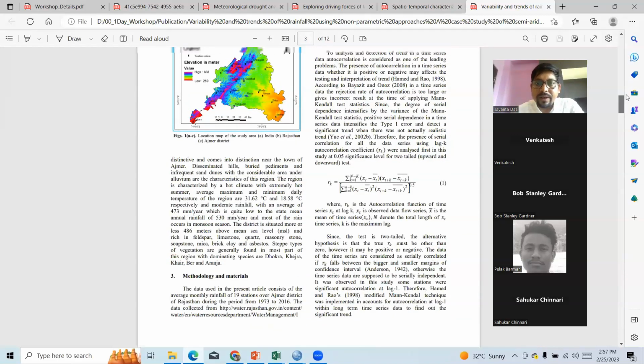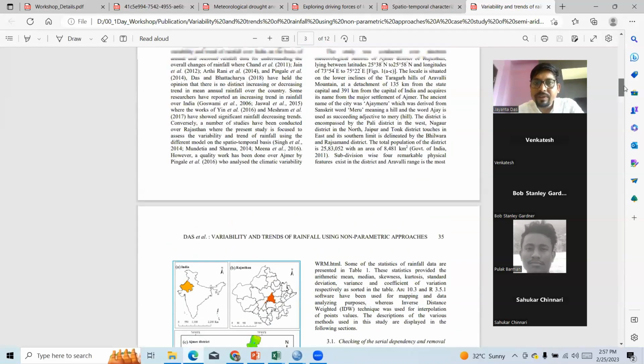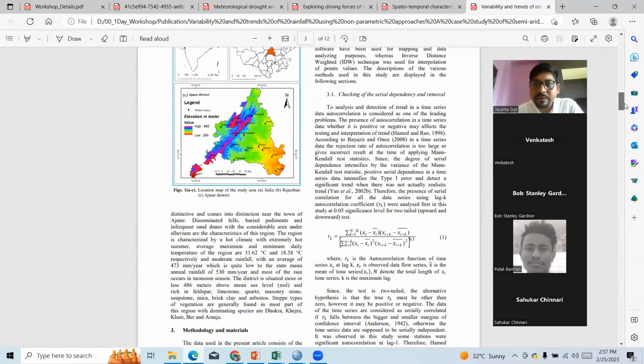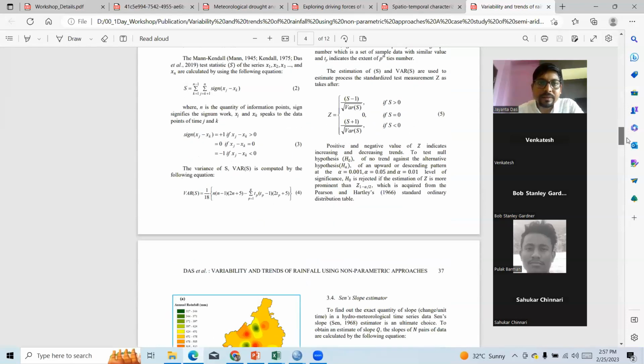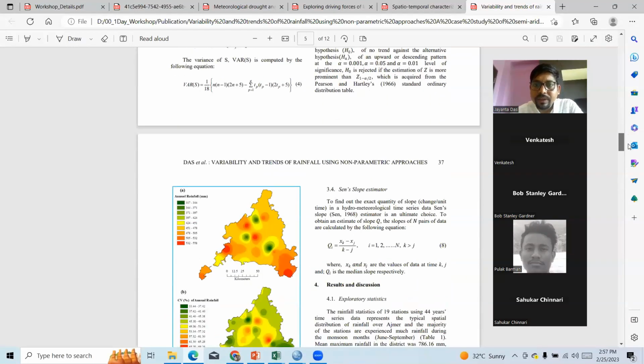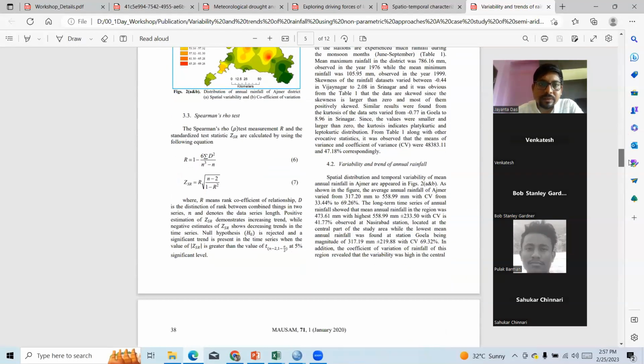Here you can find the methodology. For calculating serial dependency, I think we used the Spearman Rho test here. If you use this technique, you can refer to my paper.